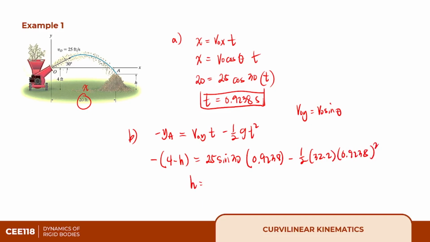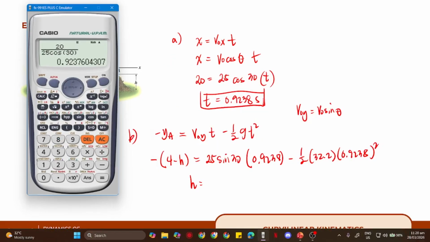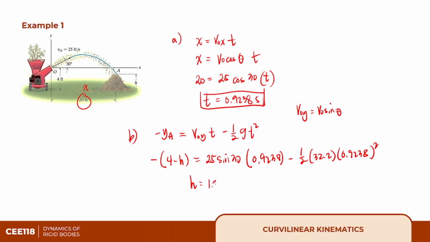Sorry class, if my surrounding is a bit noisy. So H would be equal to 25 sine 30 times 0.9238, minus 0.5 times 32.2 times 0.9238 square, and that is equal to, shift solve for the value of x, 1.807, or about 1.81 feet.